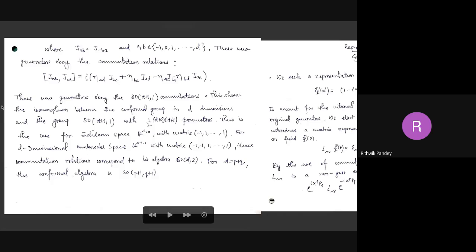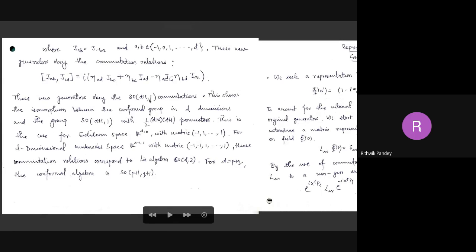So now, to go further ahead, I have to specify in which space-time I'm working. Is it Euclidean space-time or Minkowskian space-time? If I'm working in a D-dimensional Euclidean space-time, these generators obey the SO(d+1, 1) algebra. If I'm in a D-dimensional Minkowski space-time, then these commutation relationships correspond to the SO(d, 2) algebra.